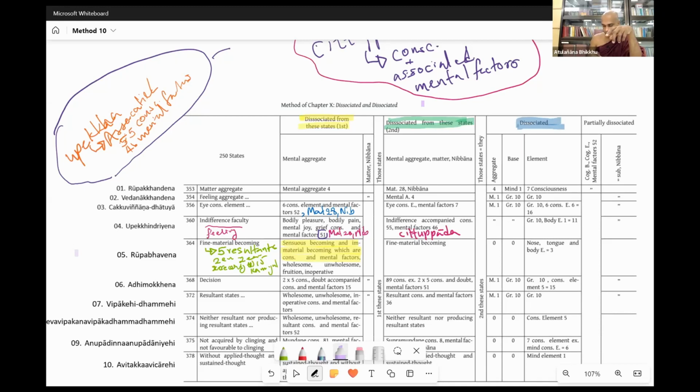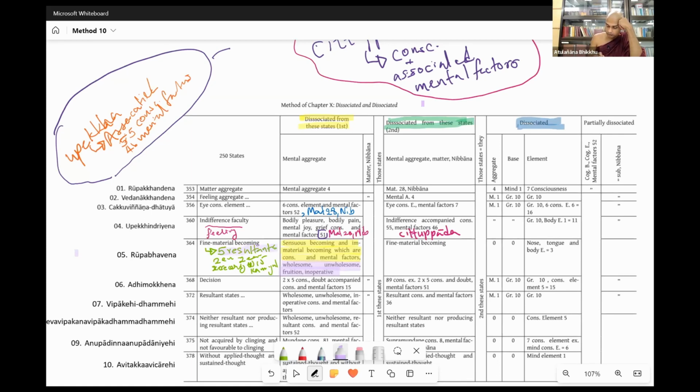And the other part which now I'm going to highlight, right? The wholesome, unwholesome, fruition, and inoperative, kusala, akusala, pala, and kriya chittas, right? So what is done here in the state of inquiry itself?